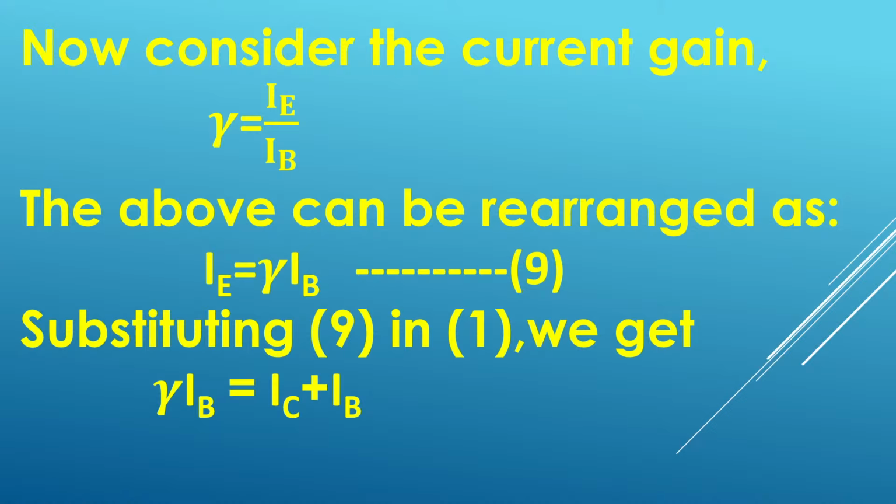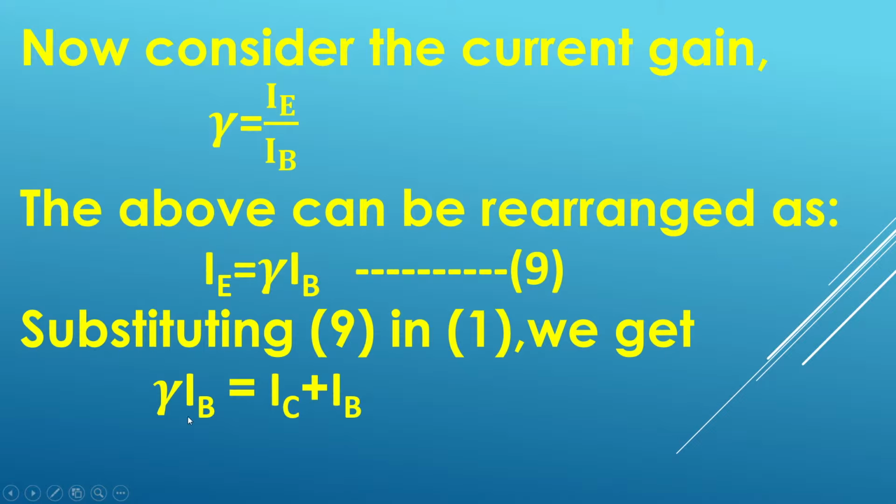You can see on the left side and right side, IB is common, so you can send the IB term to one side. So you will get gamma IB minus IB. You can take IB common, gamma minus 1 into IB equal to IC.